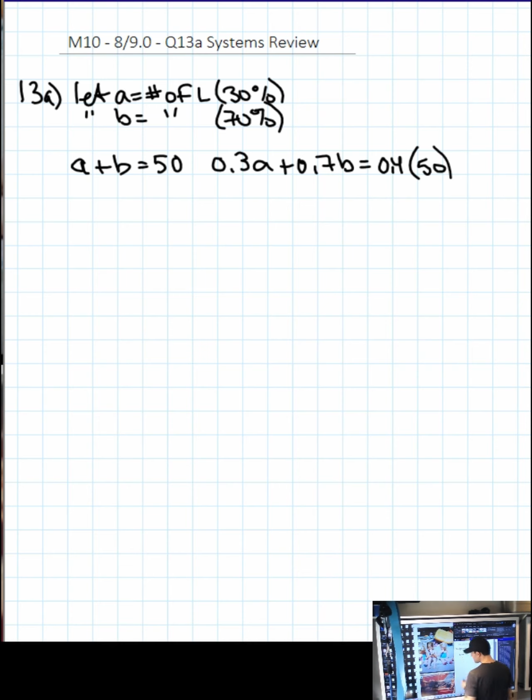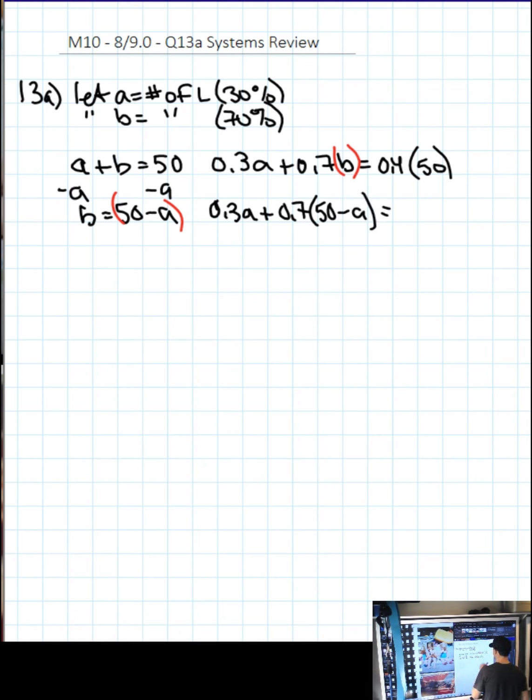So if we this time isolate for B, let's minus A from both sides, and B will equal 50 minus A. Then we can put brackets around what B is equal to. We can put brackets around B in the other equation, and we can substitute. So we get 0.3A plus 0.7 open bracket 50 minus A equals 0.4 times 50. 0.4 times 50 is simply 20.